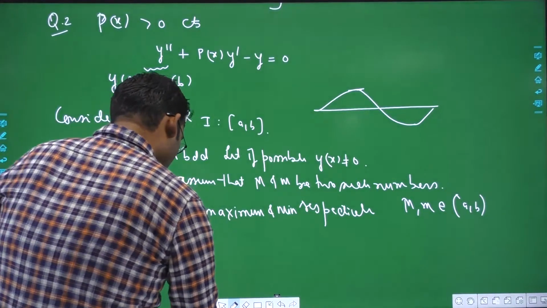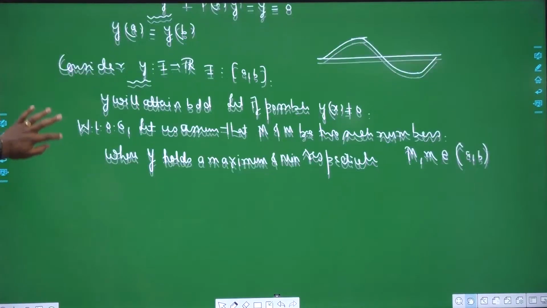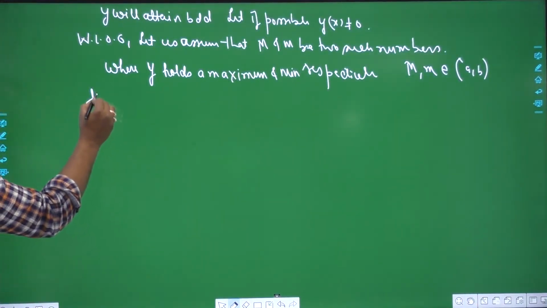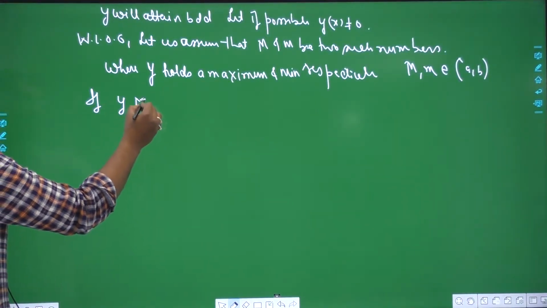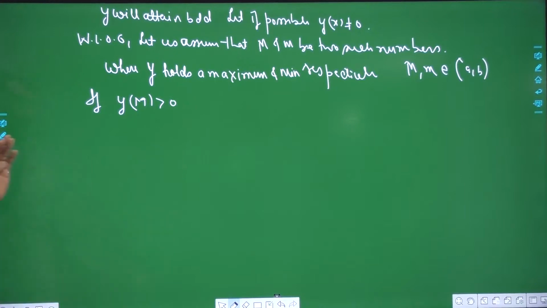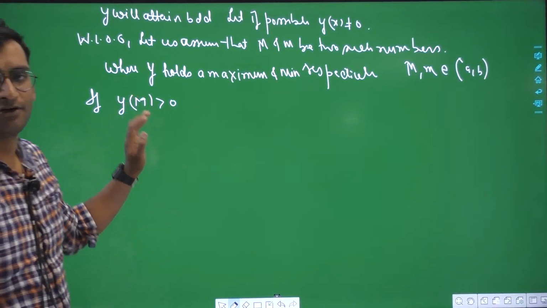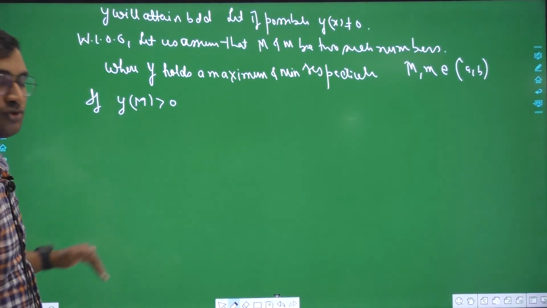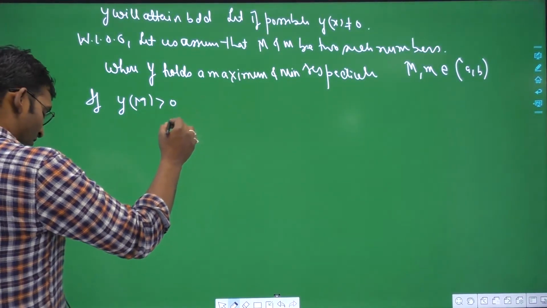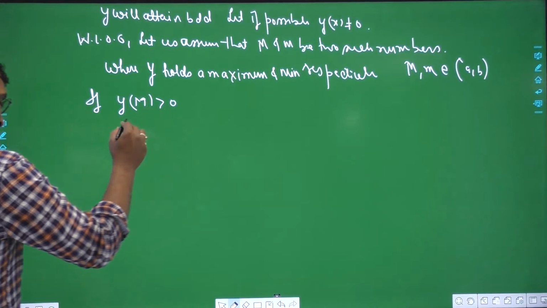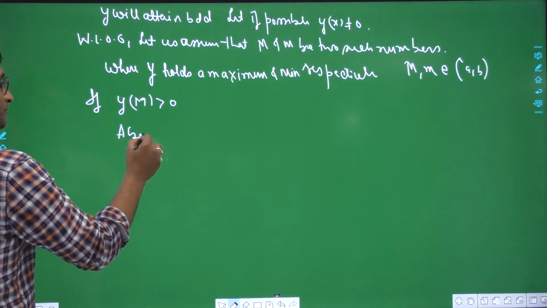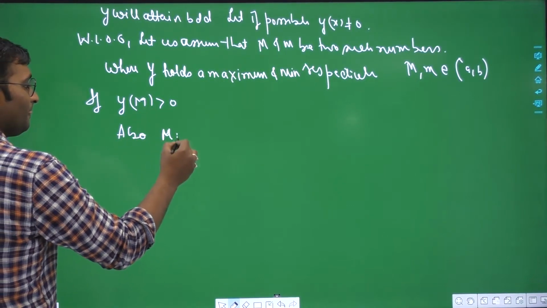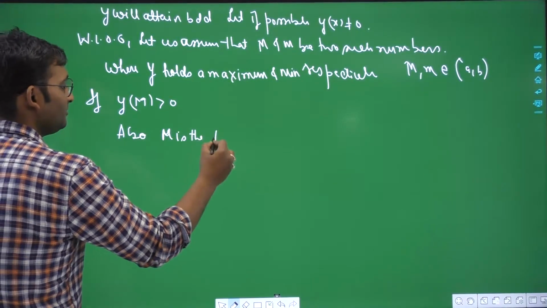Now if y(M) is positive, so if you have a maxima, let us assume that this particular function has a positive maximum, that is y(M) is greater than 0. Also, M is the point of maximum.